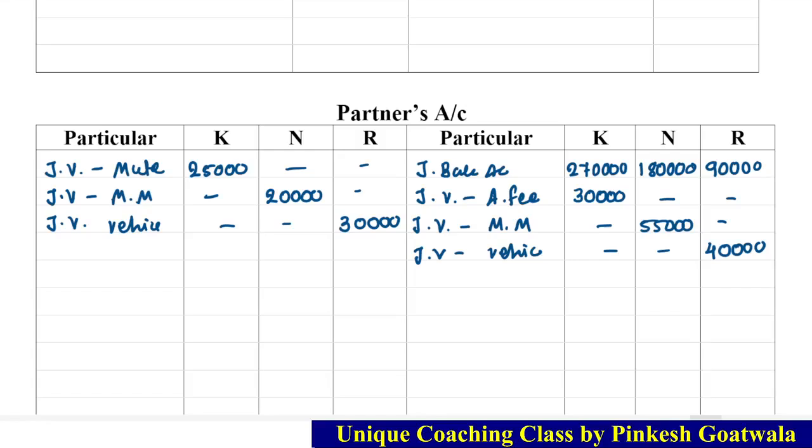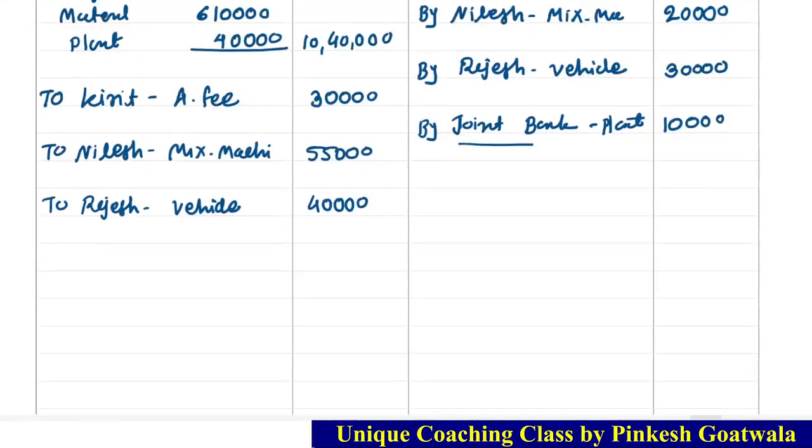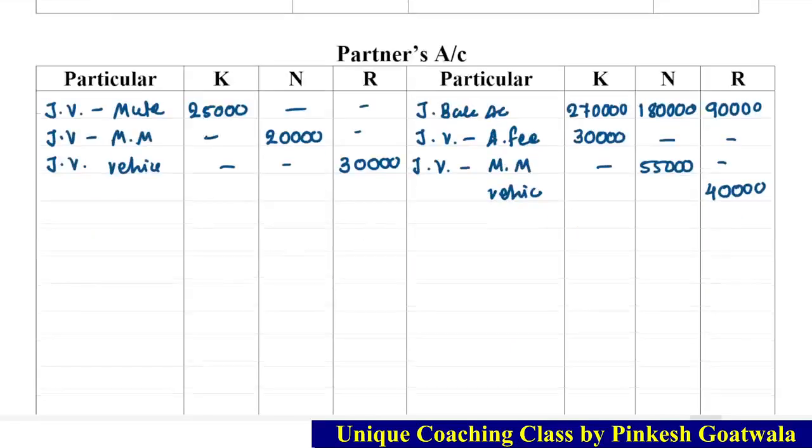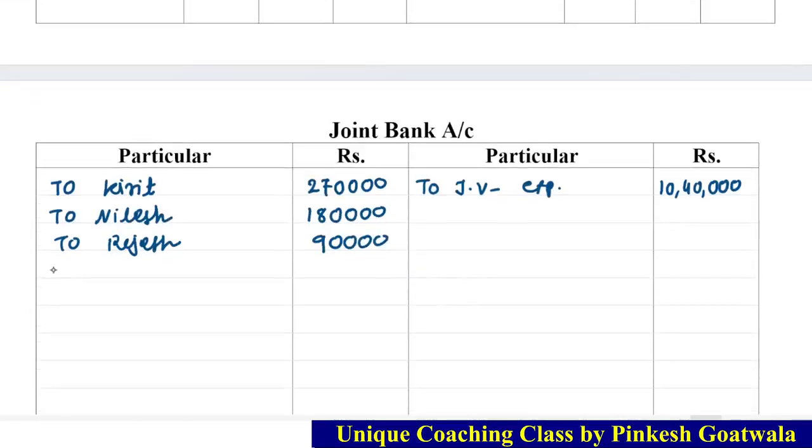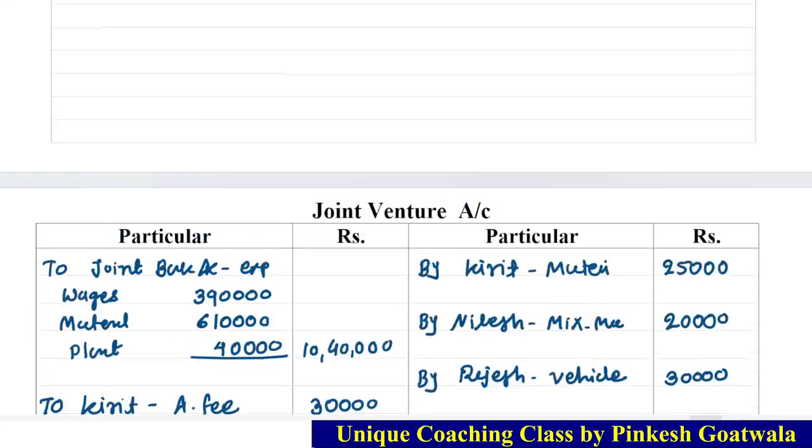And this is the joint bank account. On the debit side, we received money, we sold the plant. So to joint venture, plant sold 10,000. So this is all the normal effect.